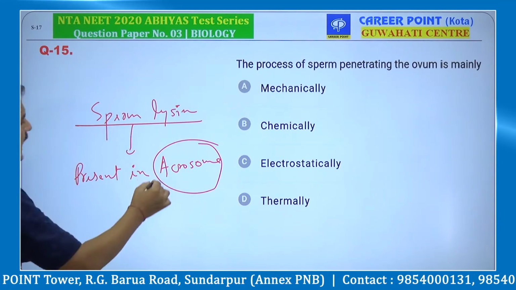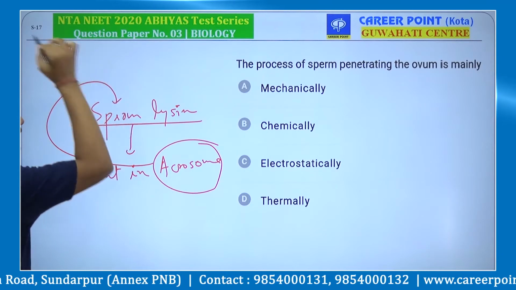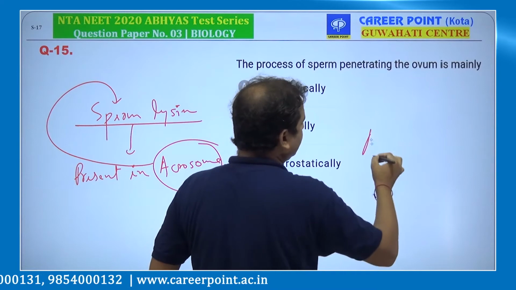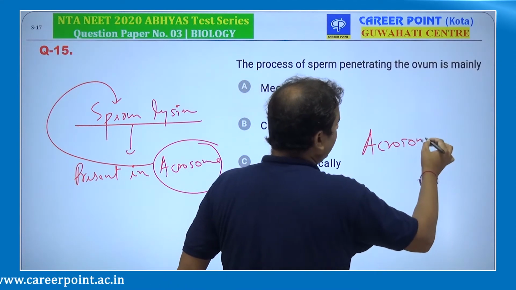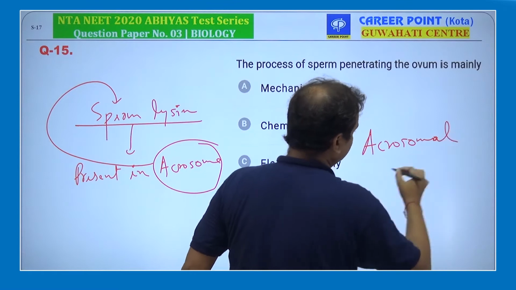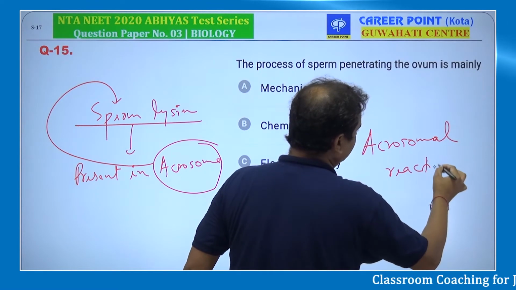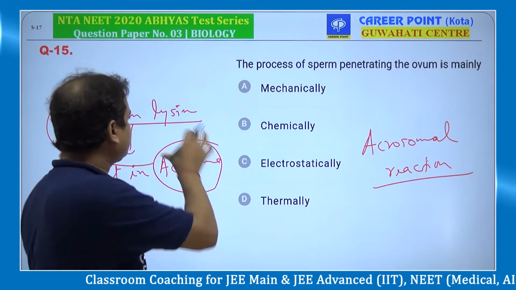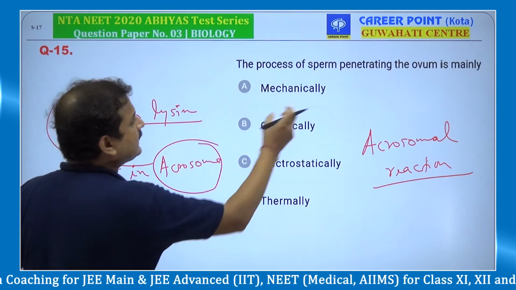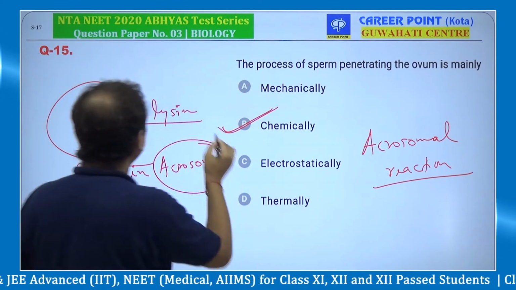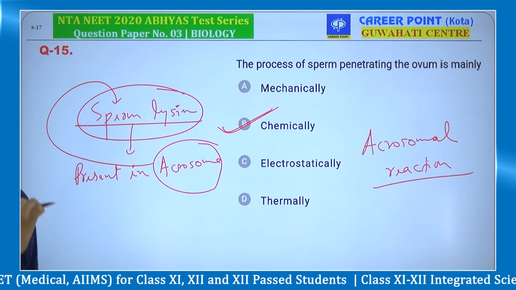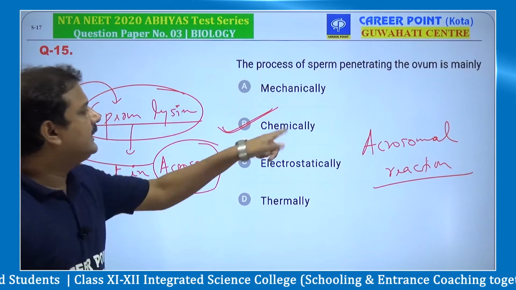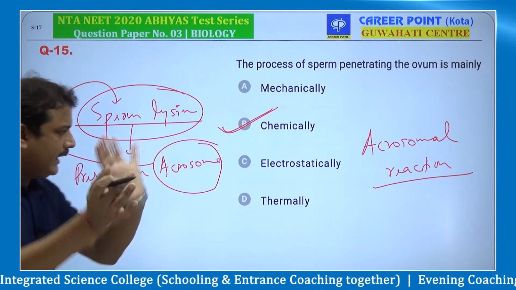This acrosome contains a group of enzymes called sperm lysins, which help in the acrosomal reaction. The acrosomal reaction is achieved with the help of a number of enzymes, together called sperm lysins, and these are chemicals. So the process of sperm penetrating the ovum is mainly a chemical process. Clear? Next one.